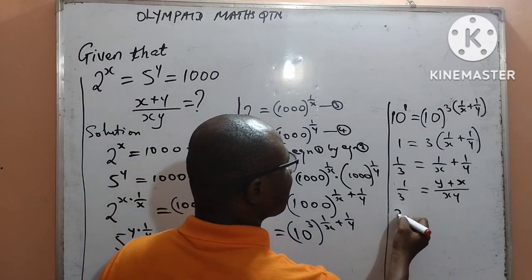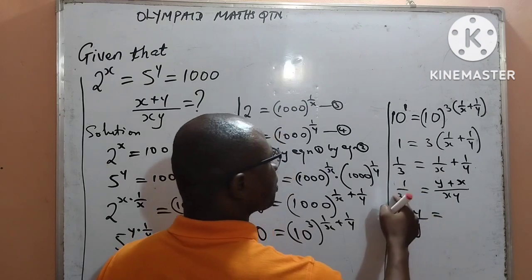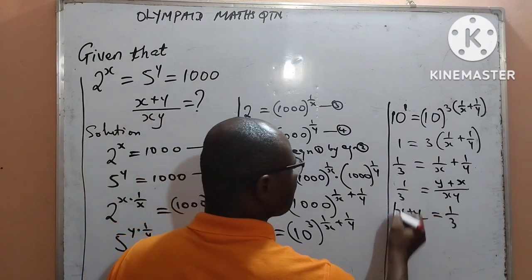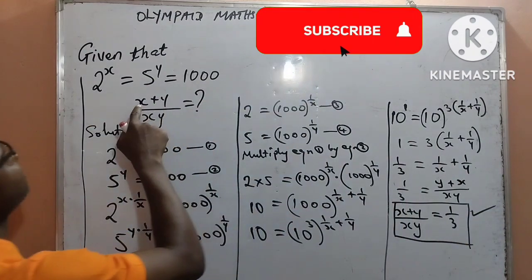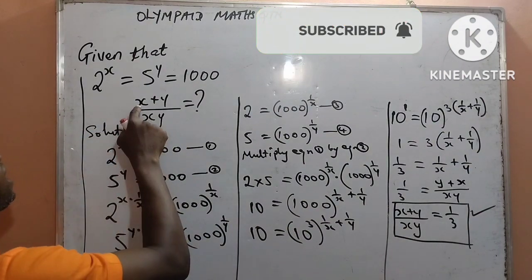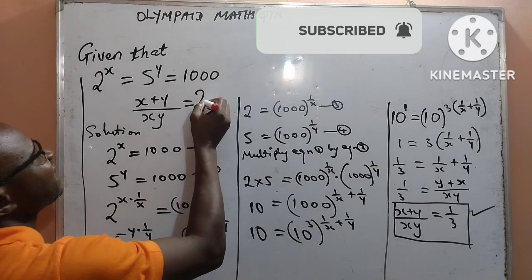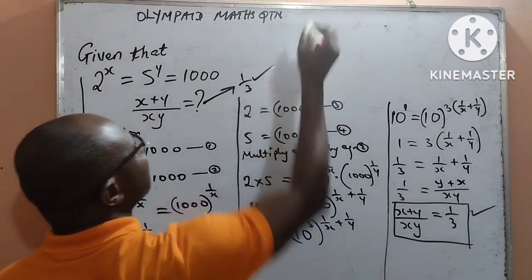So I can now say x plus y all over xy is equal to what I have here, which is 1 all over 3. And this is simply what the question has requested, that we should find the value of x plus y all over xy. So our answer here should be equal to 1 all over 3.